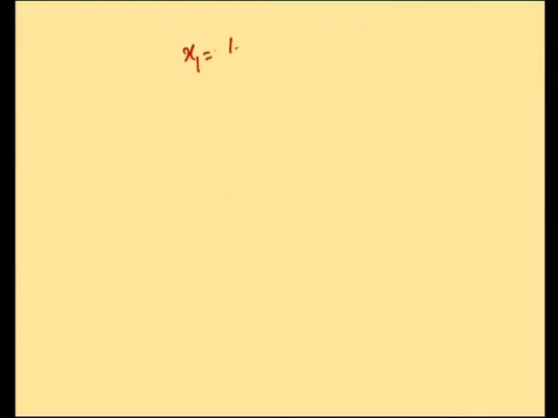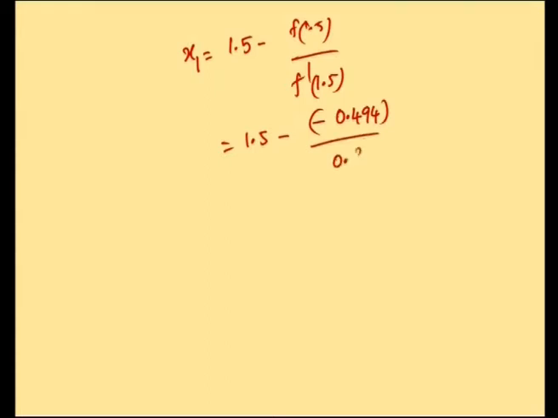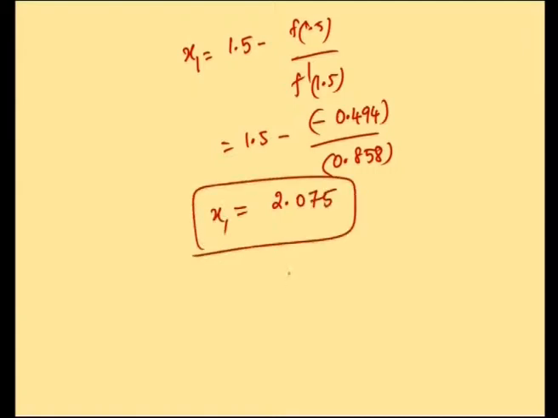Just substitute all these values in x1. So, x1 is equal to 1.5 minus f of 1.5 divided by f dash of 1.5, so 1.5 minus minus 0.494 divided by 0.858. This value comes to be equal to 2.075. This is our first iteration value x1.